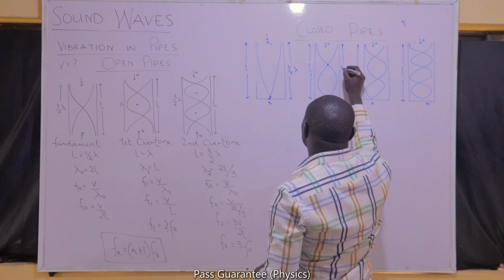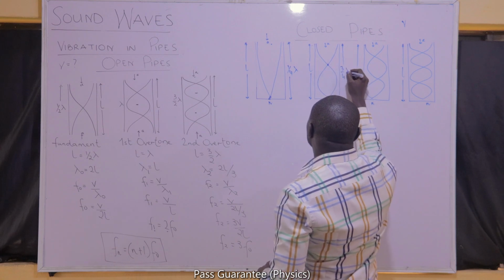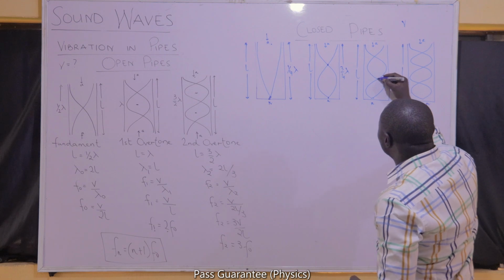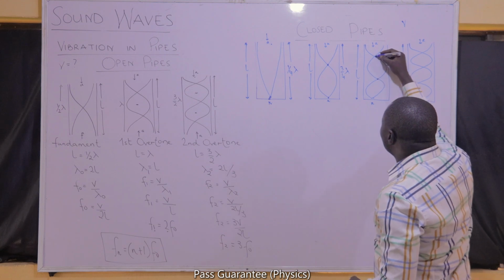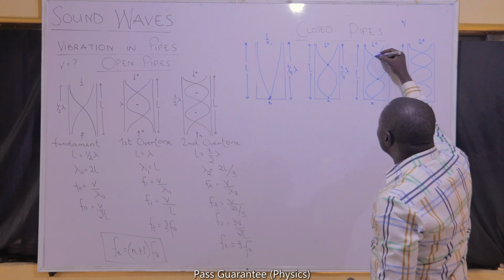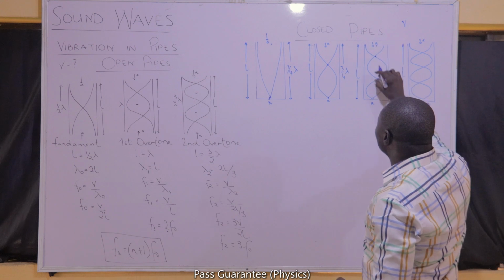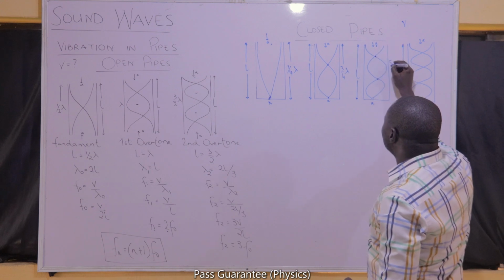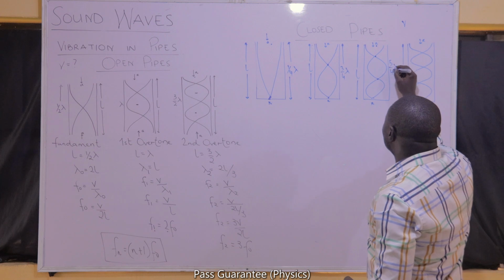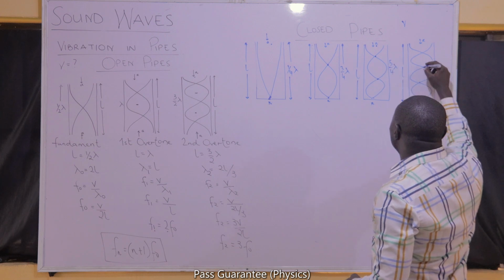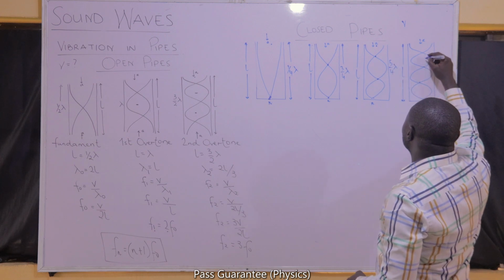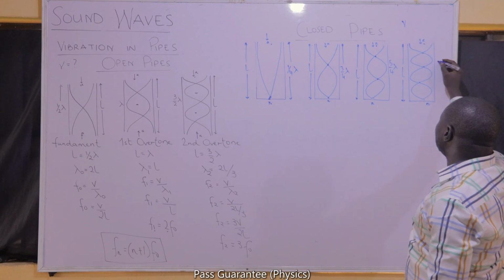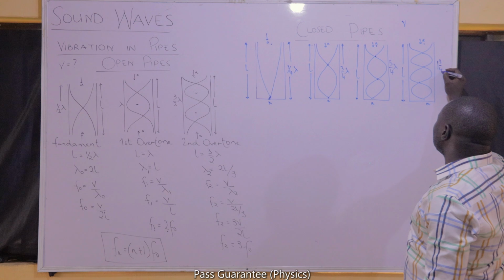Half plus quarter is 3/4 of a wavelength. Here too, node to node is half, node to another node makes it 1, and node to an antinode is a quarter. Half plus a quarter plus another half gives 5/4 wavelength. Node to node half, another half makes it 1, another half makes it 1.5, and then a quarter. That is 7/4 wavelength.